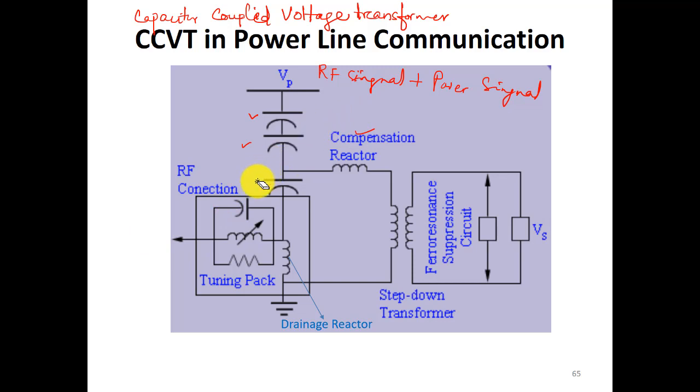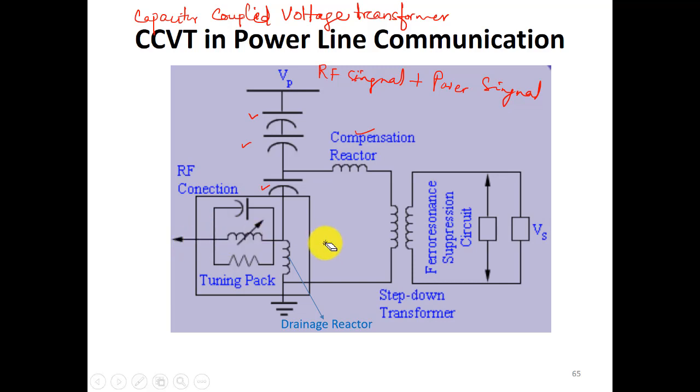Here we have a drainage reactor. Why is it there? Because this reactor provides a high impedance to the RF signal: as the frequency is very high, the impedance of this reactor becomes very high. Therefore the signal will not pass to the ground, it will pass through the wave trap.